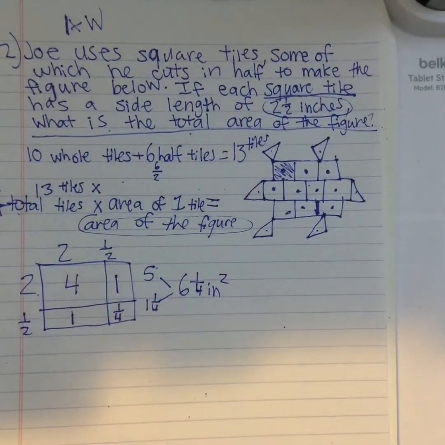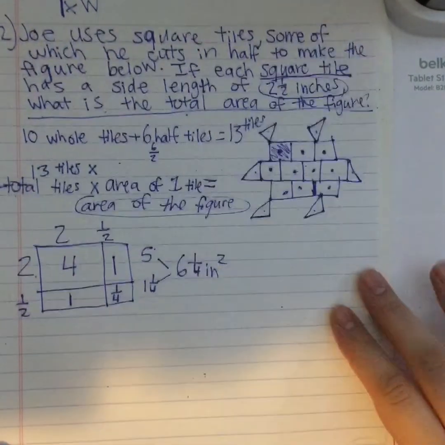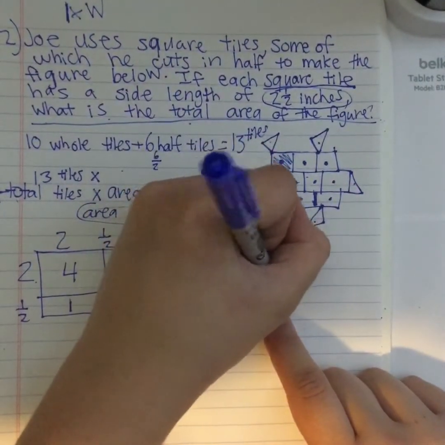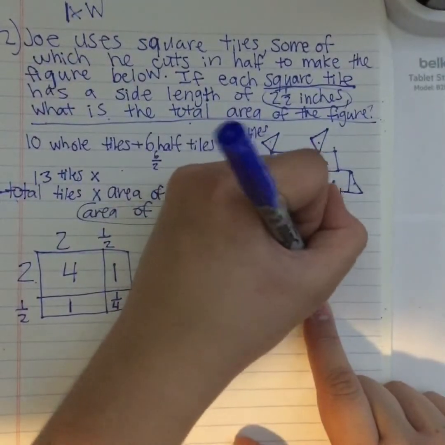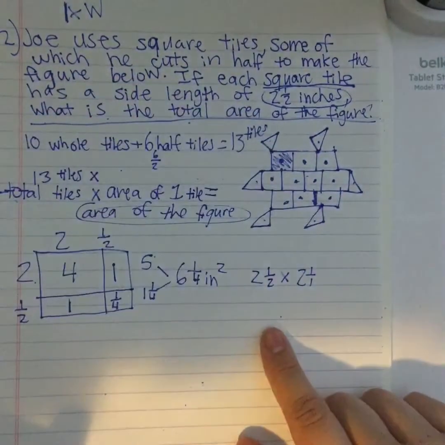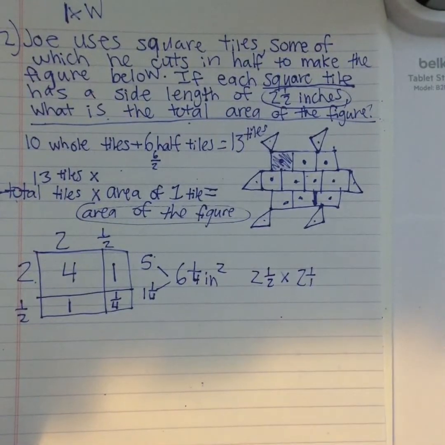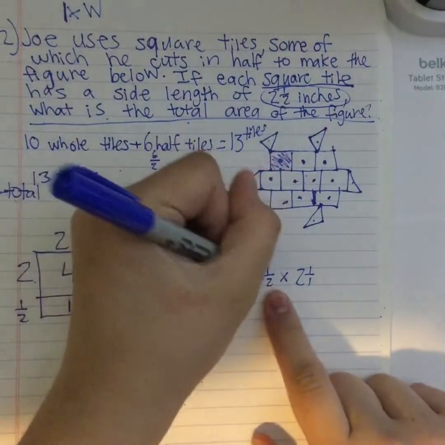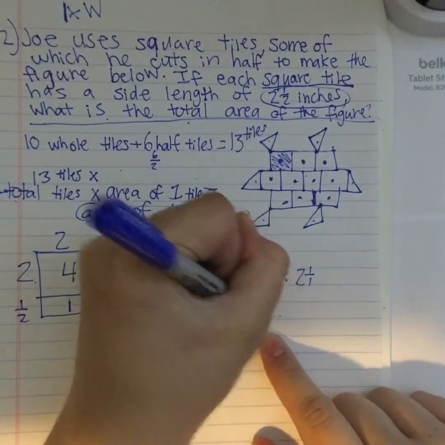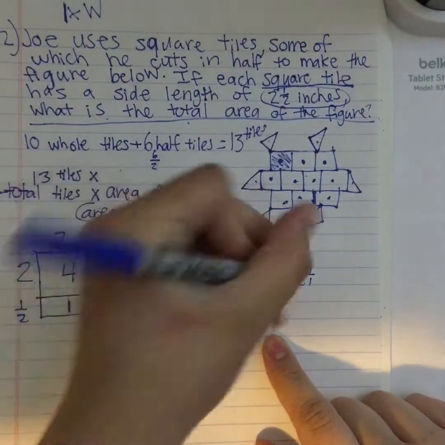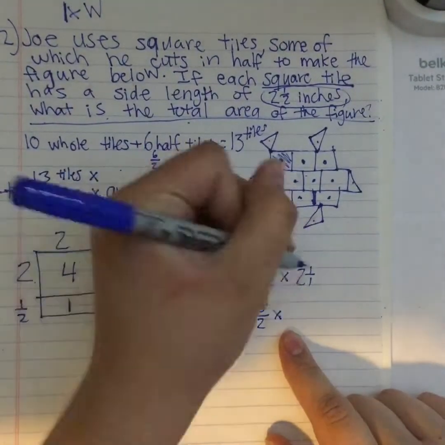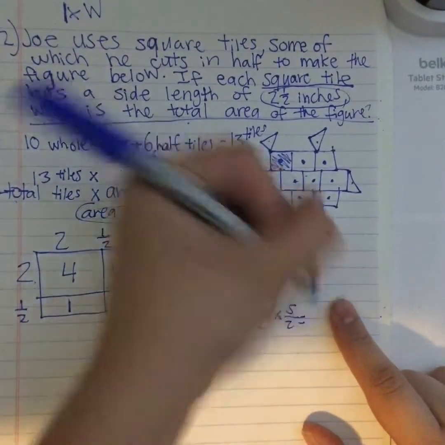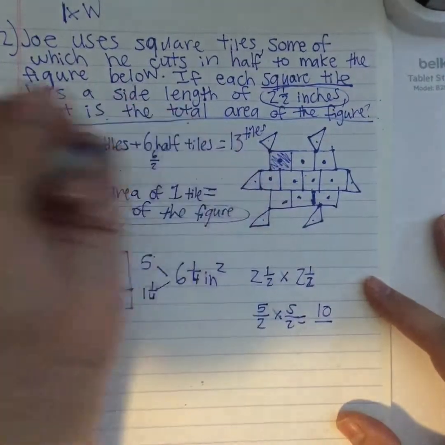If I were to do this with the standard algorithm, because I know some of you prefer that, I would take my 2 1/2, multiply that by 2 1/2, turn both of those into fractions greater than 1, also known as improper fractions, and that would be 5/2 times 5/2.